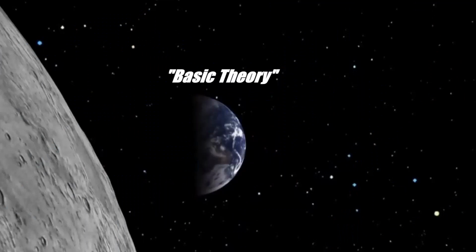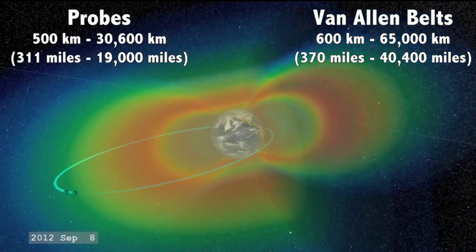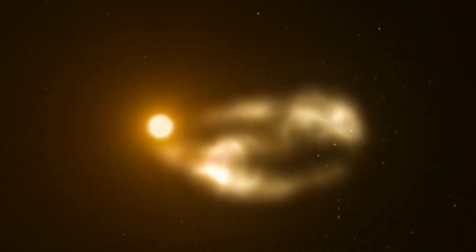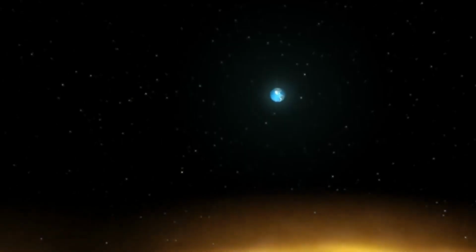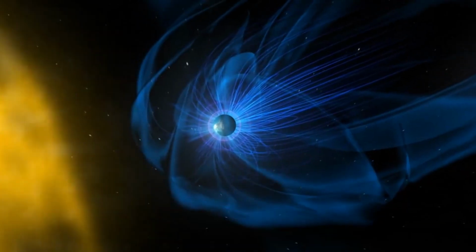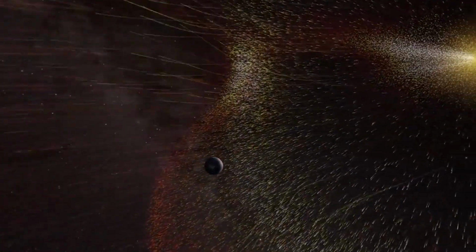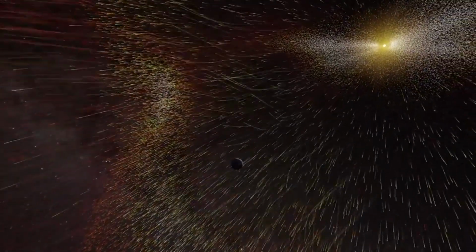Basic theory. There are 3 sources of radiation in space. 1. High radiation particles around the Earth trapped by the magnetosphere called the Van Allen belts. 2. Solar storms which originate from the Sun, which are referred to in several ways. For example, solar cosmic ray events, solar proton events, solar energetic particle events, energetic storm particle events, ground level events, proton showers, and solar cap absorption events, or as is commonly referred to as solar particle events, SPEs.